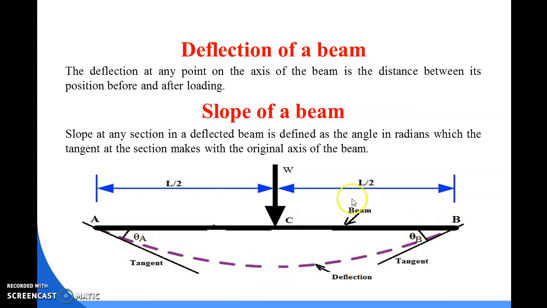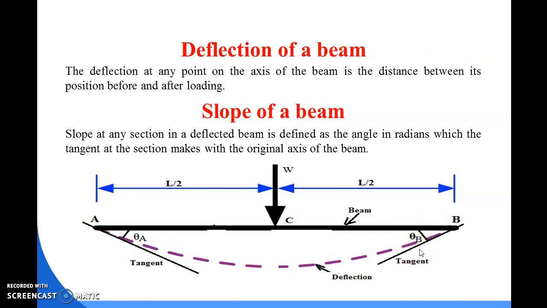Then comes the slope of a beam. So what do we mean by slope? You can see in a deviated beam section, that means this dotted line, if we draw a tangent line, then the angle between the deviated beam and the tangent line is known as the slope of the beam. Basically, it is denoted as theta.